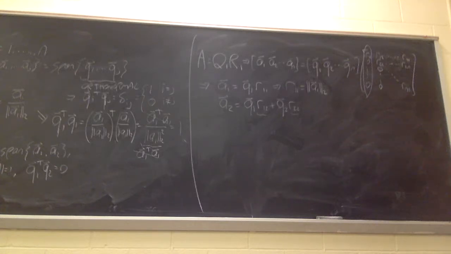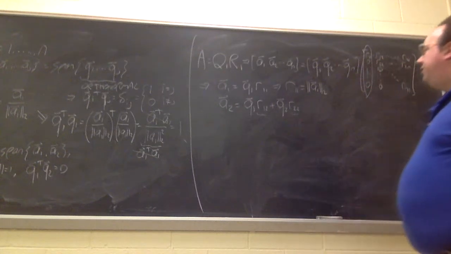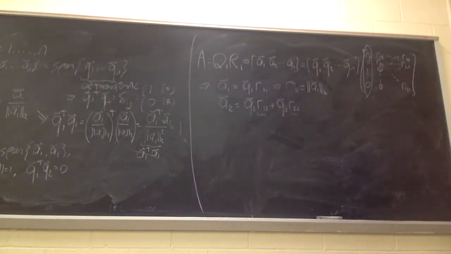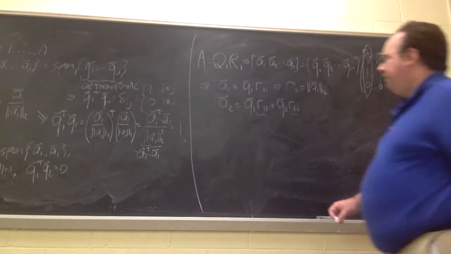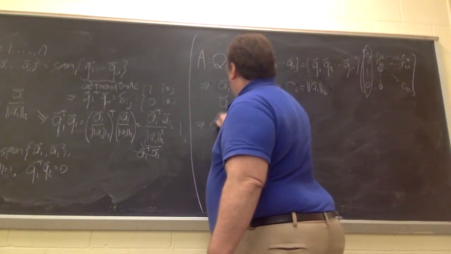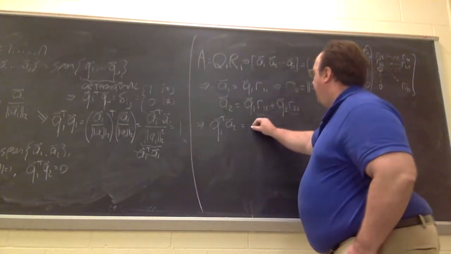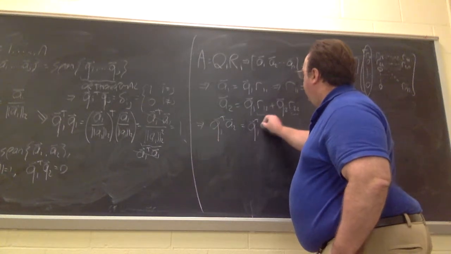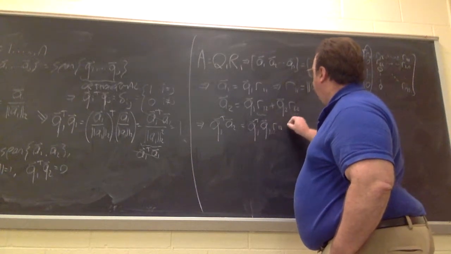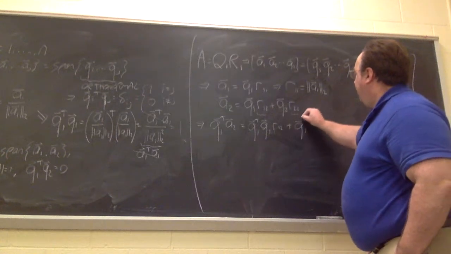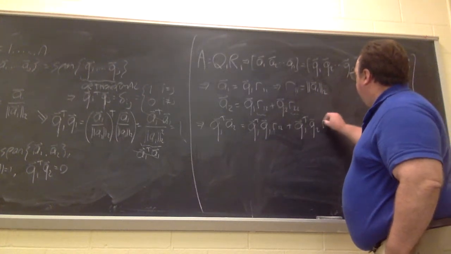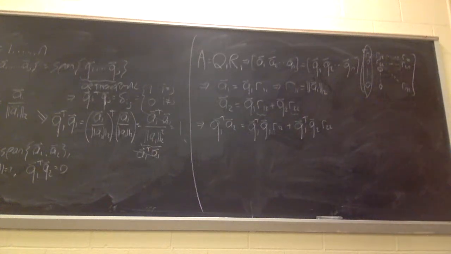The way I can do that is I need to take the dot product of both sides of this equation with Q1. So on the left side, I'll have Q1 transpose A2. And then here I'll have Q1 transpose Q1 R12, plus Q1 transpose Q2 R22. Here's where we use the fact that the Q's must be orthonormal.